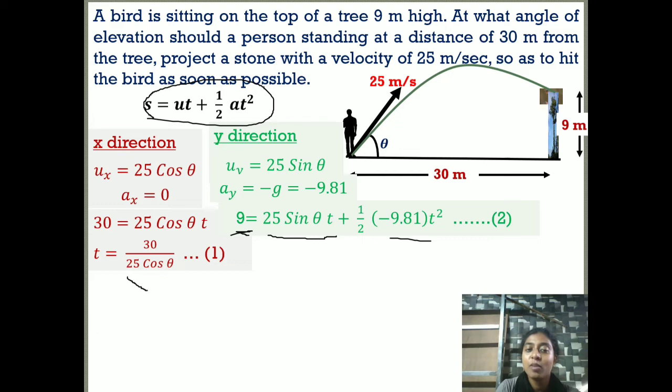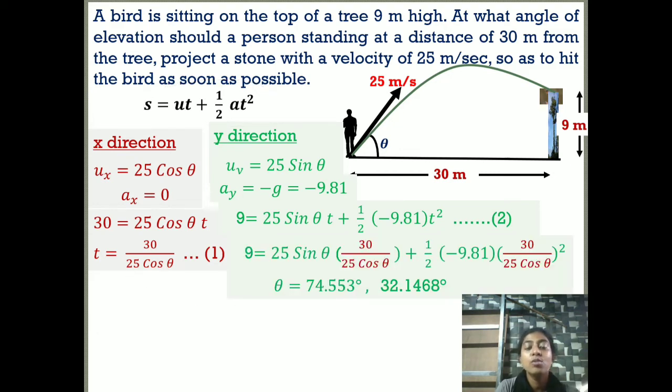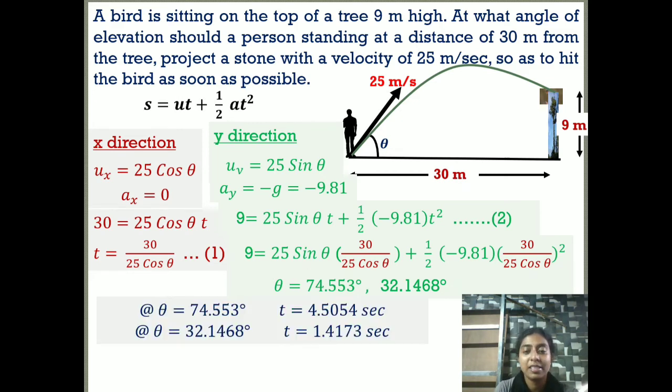Substitute the value of t from equation 1 in equation 2. So we get 9 is equal to 25 sine theta into 30 by 25 cos theta plus half into minus 9.81 into 30 by 25 cos theta square. Resolving this equation, we get two values for theta: 74.553 degrees and 32.146 degrees.